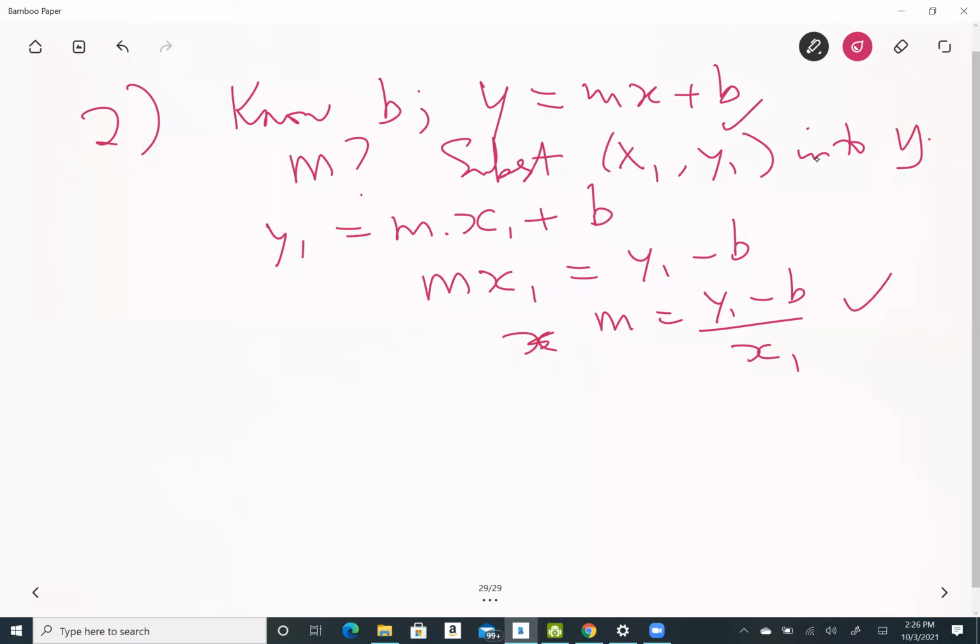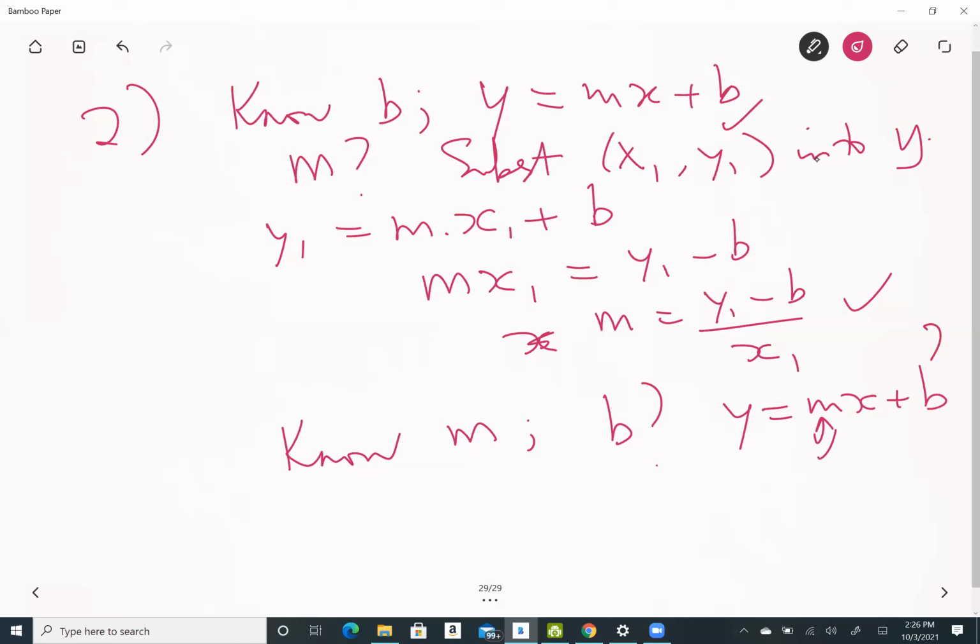Now, similarly, for the second possibility for number two, if we are given the slope, we know m. That means you need to find b. So we do the similar substitution. You have y equal to mx plus b, and m is known already, so you need to find b.